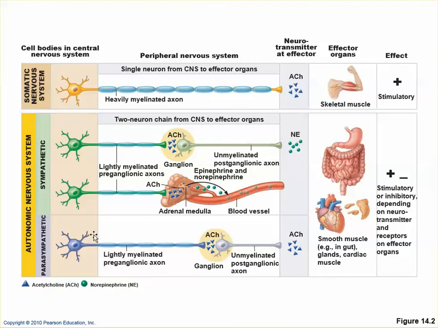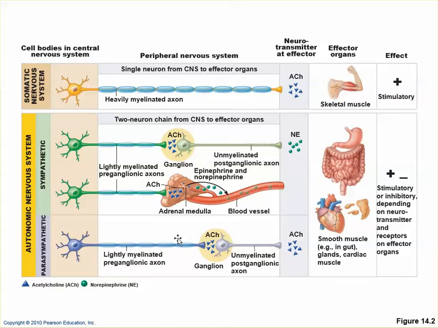In the parasympathetics, the preganglionic is long, and actually the preganglionic in the sympathetic is short, but the parasympathetic is long, and releases acetylcholine. The postganglionic is short, unmyelinated, and releases acetylcholine. The acetylcholine or the norepinephrine will have a stimulatory or an inhibitory effect.